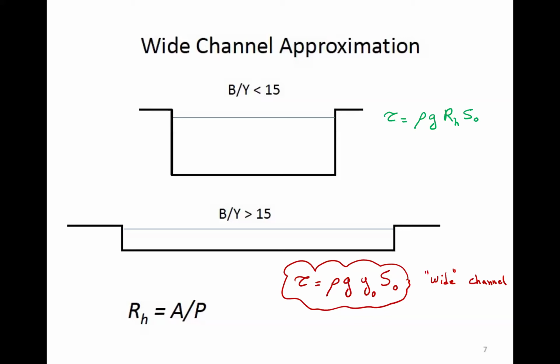So if you have a wide channel, then the shear stress on the wall will be equal to rho g times depth, normal depth, times slope. Okay, so far we just developed a bunch of equations. This was mostly theory, right? We didn't really look at practical measurements or experiments or anything.